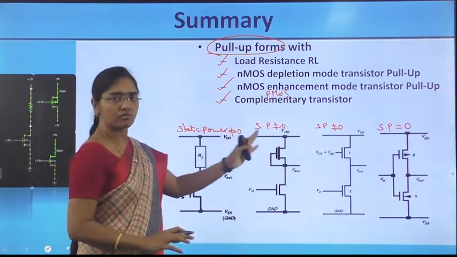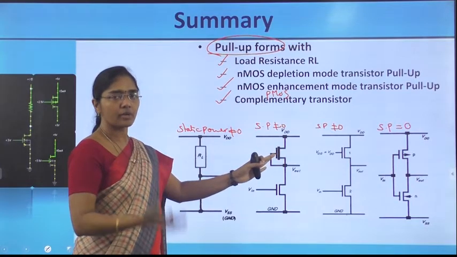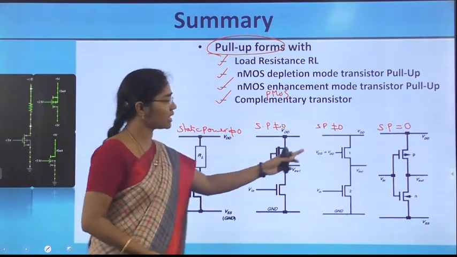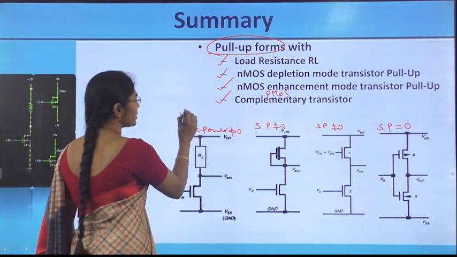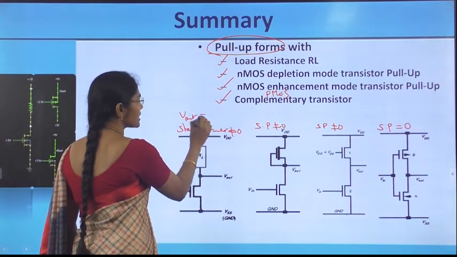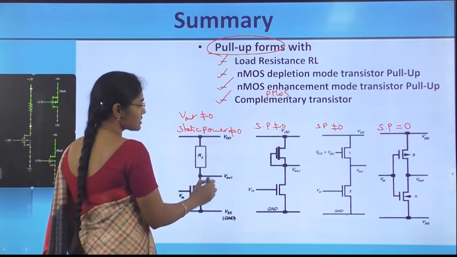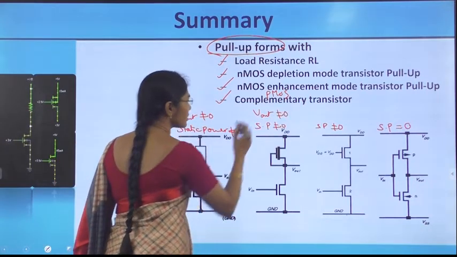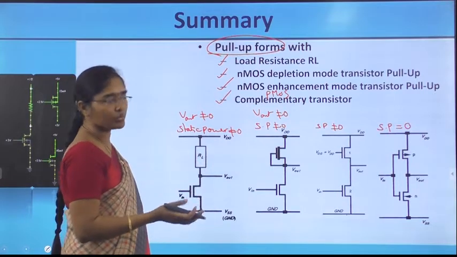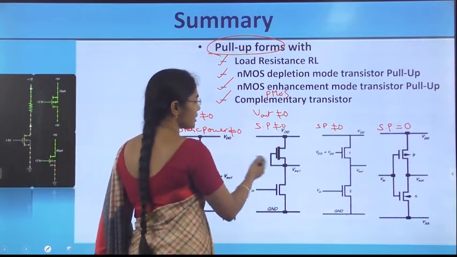Then the output values at Vout. Vout is not exactly equal to 0 in this case, and in this case also Vout is not exactly 0 for the low value of the output when Vin is logic high.